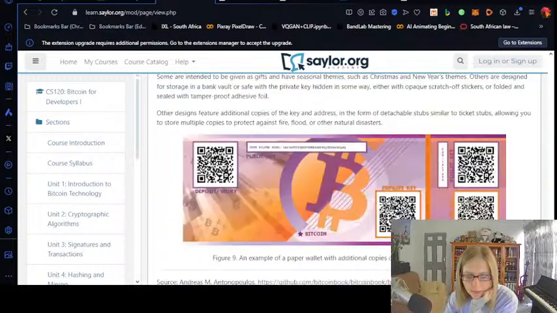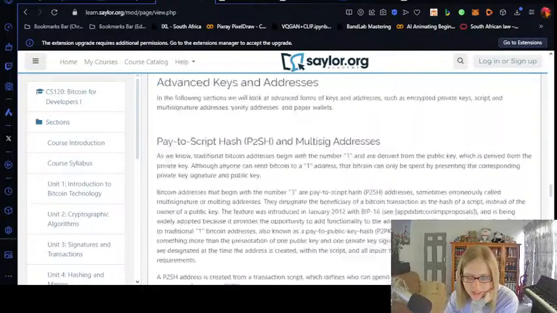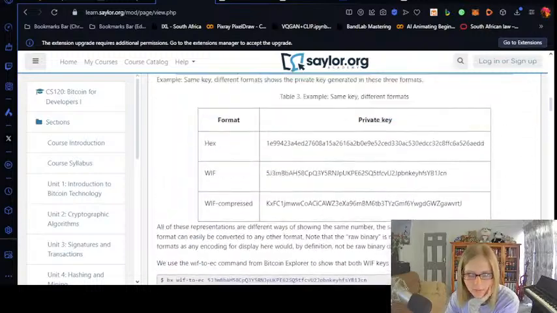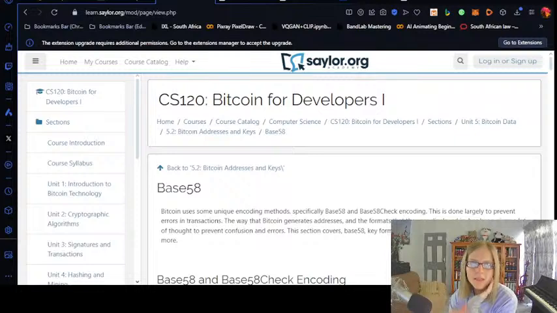So I'm quite happy with where we are now. We have learned about hexadecimals. We've learned about how it applies to Bitcoin, why it's used in Bitcoin. We have learned about the benefits of using hexadecimals when we're dealing with binary numbers.